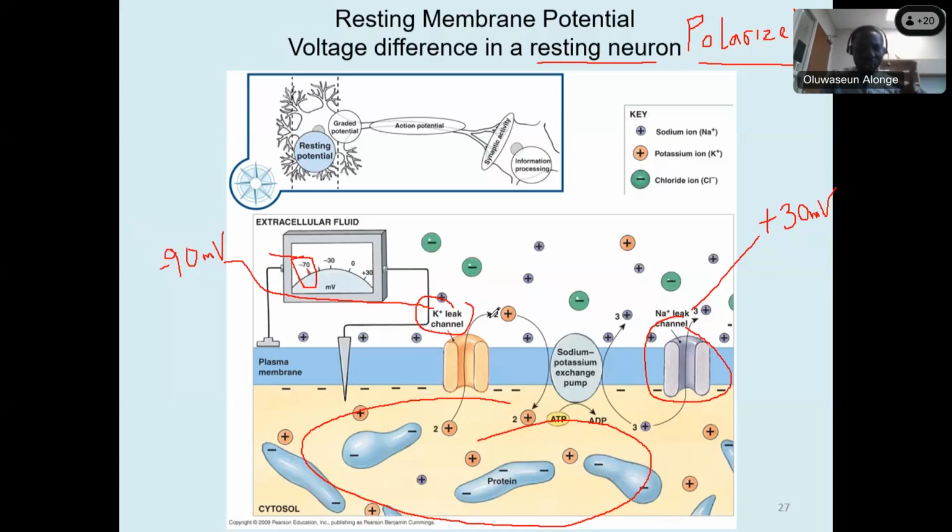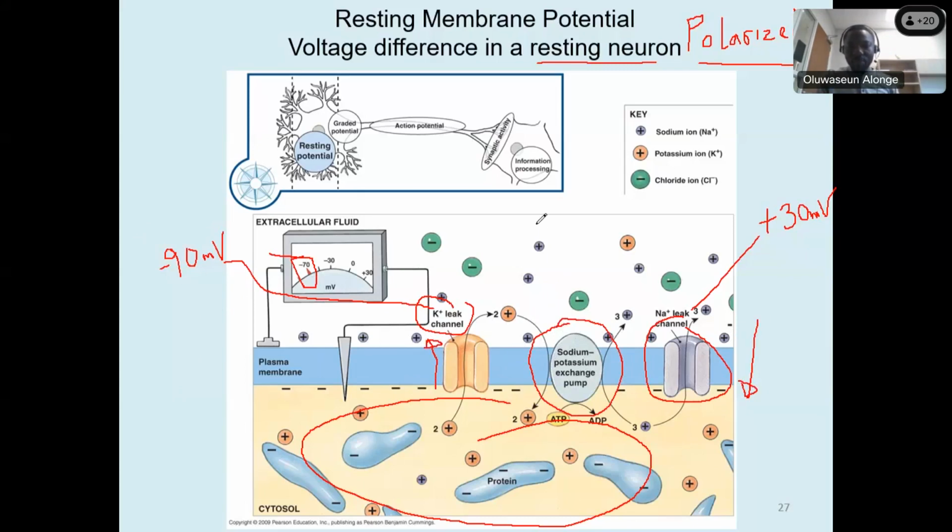Those are the two systems there. There's another system which we call the sodium potassium pump. This guy, on the contrary: potassium goes out through this channel, and sodium comes in through this channel. But through the sodium potassium pump, they go otherwise.